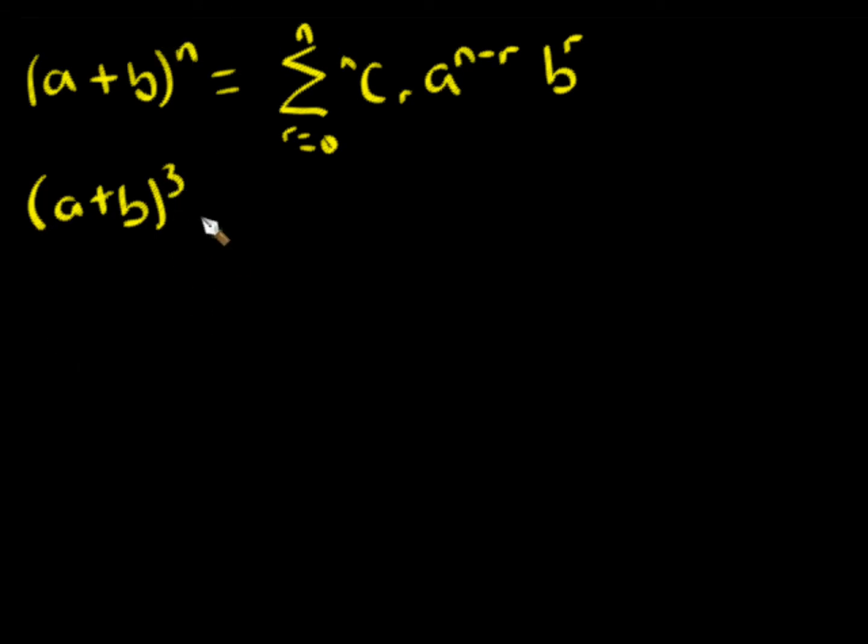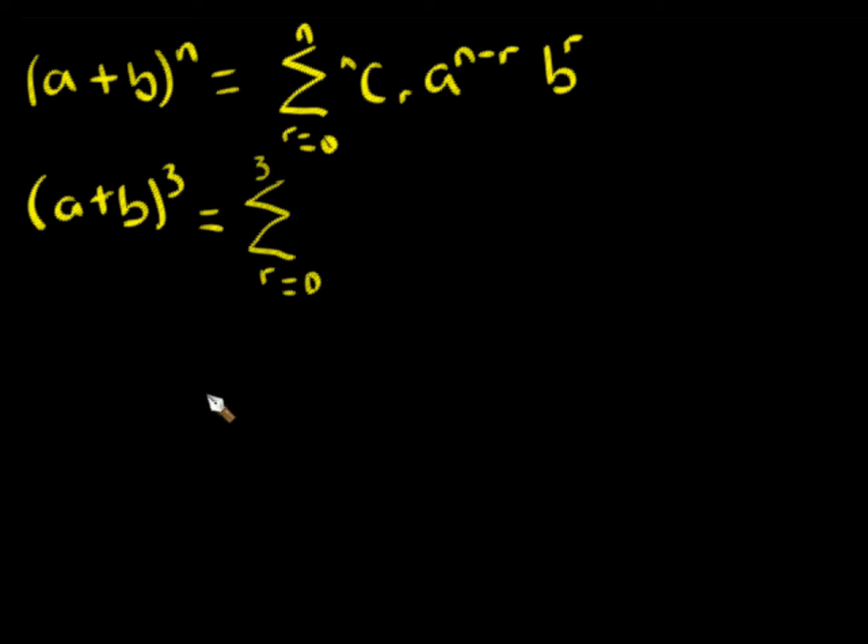So we're going to start from 0 according to our formula and increase till we get to n. The formula says the summation from r equals 0 up to n, so this would be the summation from r equals 0 up to 3.